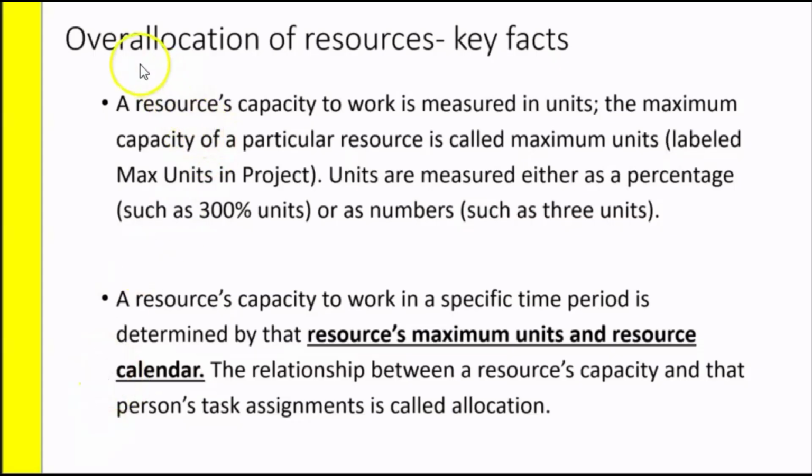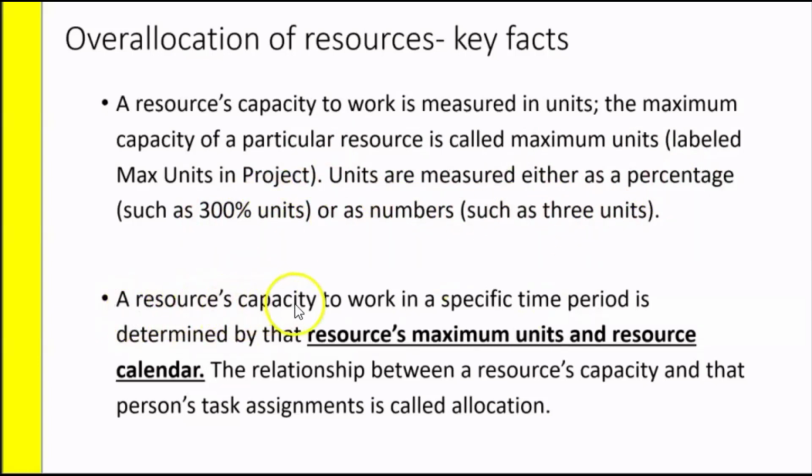So let's look at overallocation of resources, some key facts. A resource's capacity to work is measured in units. The maximum capacity of a particular resource is called maximum units, labeled max units in Project. Units are measured either as a percentage, such as 300%, or as numbers such as 3 units.